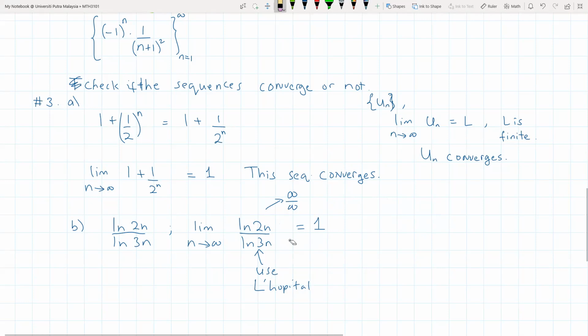I don't want to indulge in this, because we have other questions and don't have much time, so just use that. So finally the answer is 1. So actually this sequence also converges.